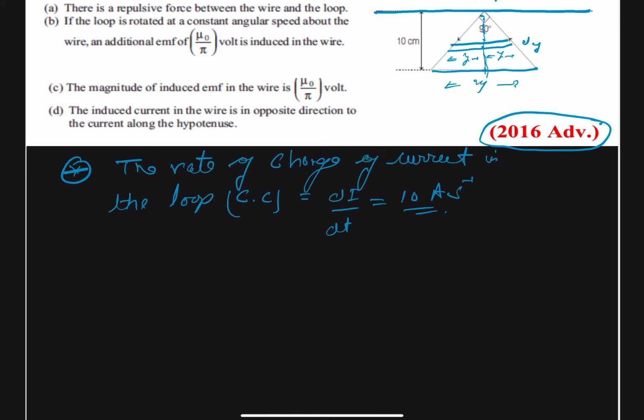From the long infinite conductor, this distance is also y. Let us call this A, this B, and we have C, the midpoint D, this is E, and another point is called F.